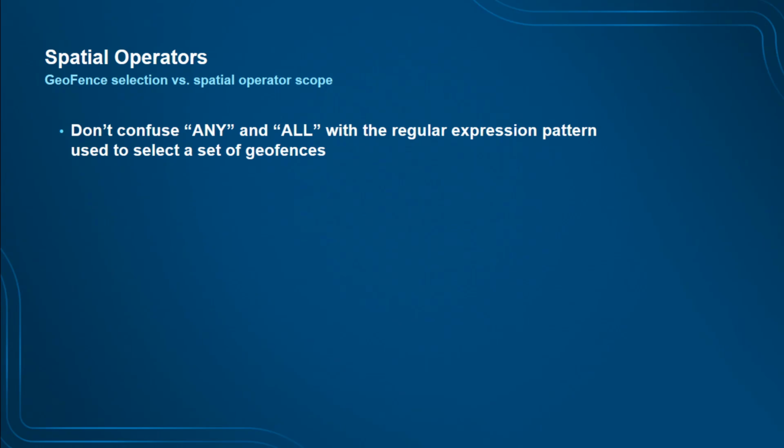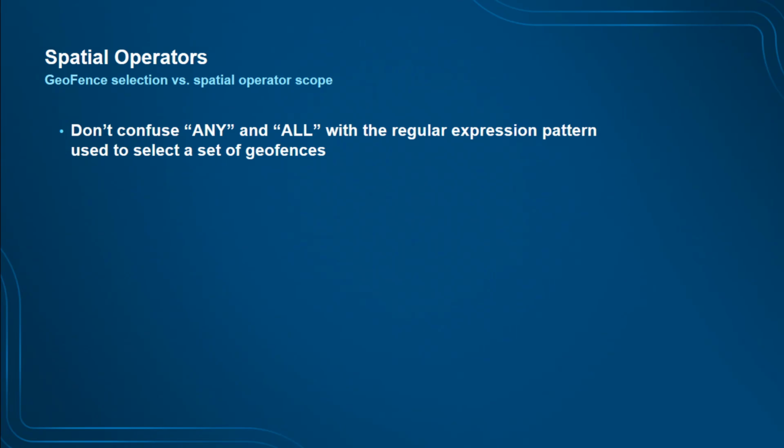I wanted to take just a moment and discuss a common confusion when working with geofences and the filter expressions that you use in both filters and processors. There is a scope, any versus all, with the spatial operators that Ken was just highlighting that sometimes generates confusion with the selection of geofences for the operation.